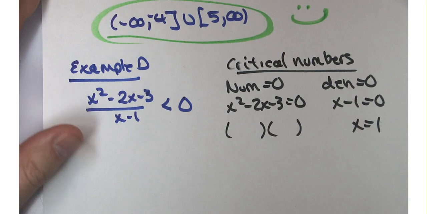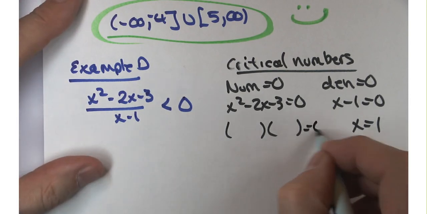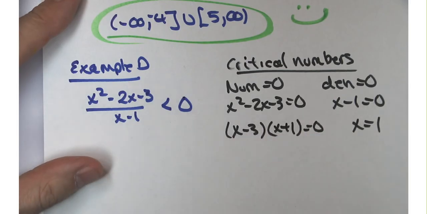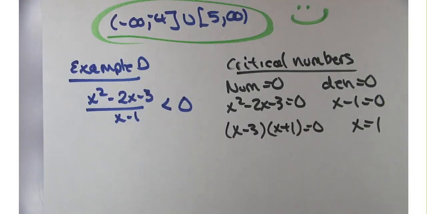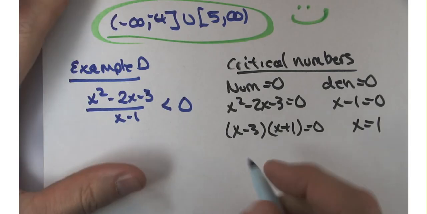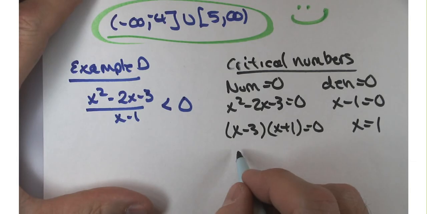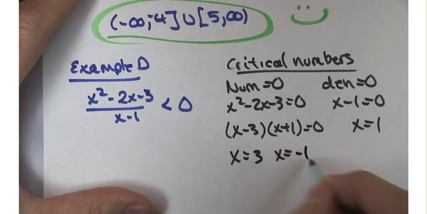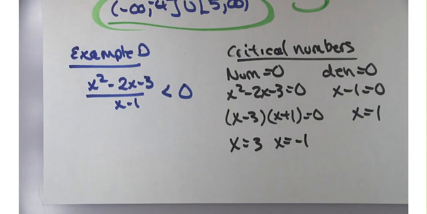Iris, how's that one factor, please? X minus 3, x plus 1. Awesome, thank you so much. And what's our solutions from there? Mackenzie, what do we get for our solutions? Perfect. X equal 3, x equal negative 1. Those are our critical numbers.